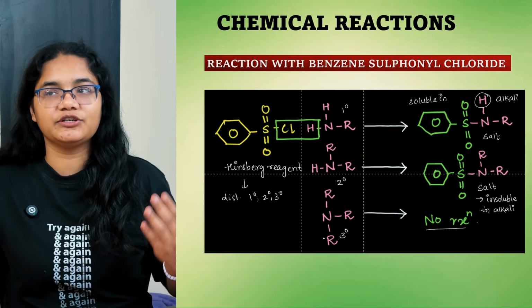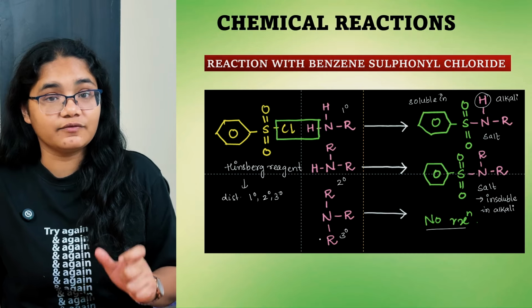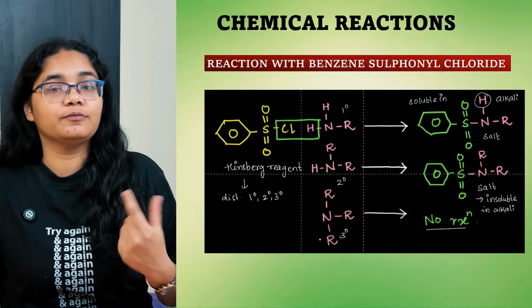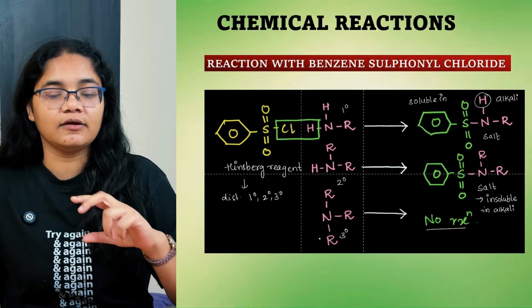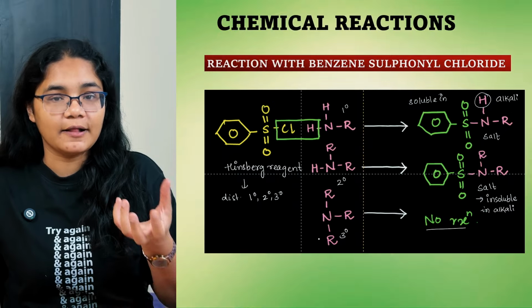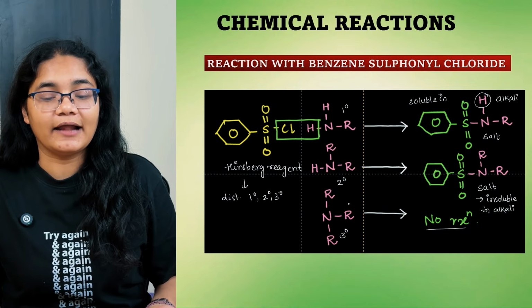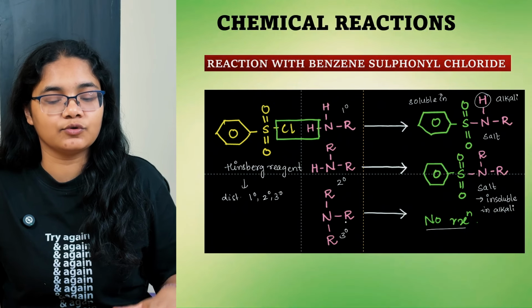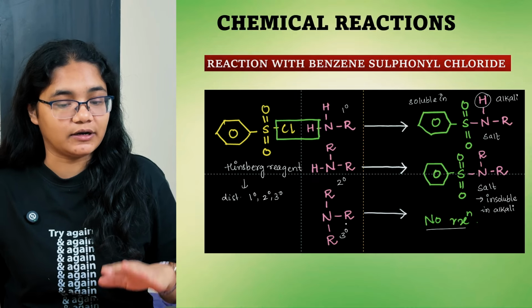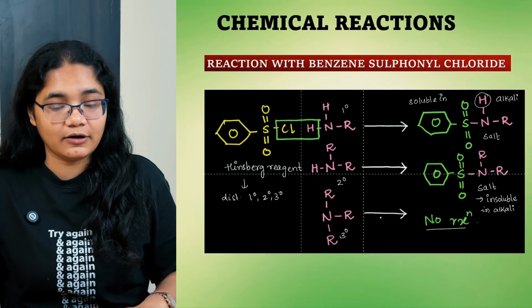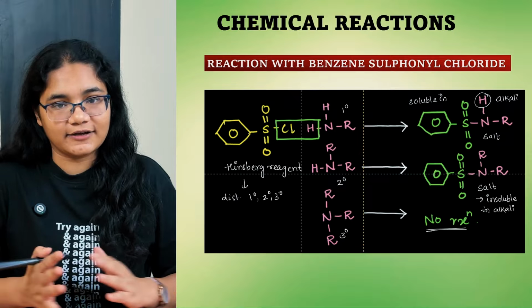So how will you distinguish? With a primary amine, the product formed is soluble in alkali. With the secondary amine, the product is formed but is insoluble in alkali. And the tertiary amine doesn't react with benzene sulfonyl chloride at all, so there is no reaction.